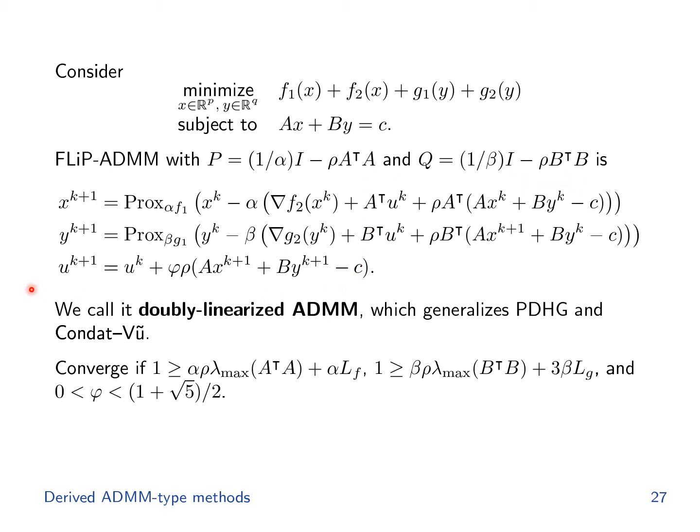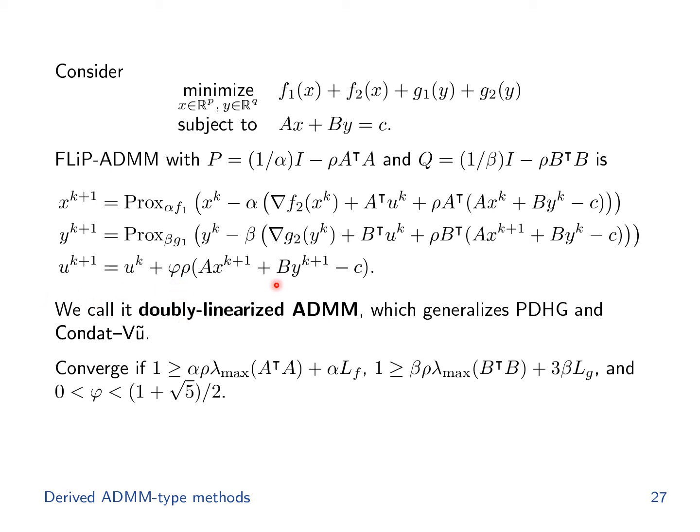So we get this formulation where we access f2 through its gradient, g2 through its gradient, and avoid minimizing Ax and By. So we access A and A transpose by matrix-vector multiplication, similar for B. And we also include this dual extrapolation constant.